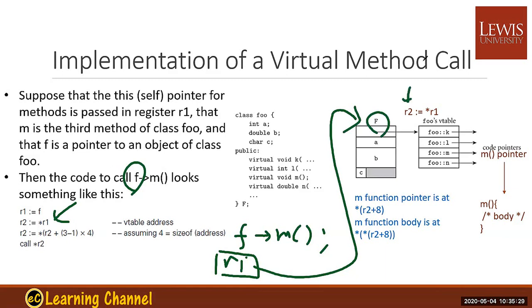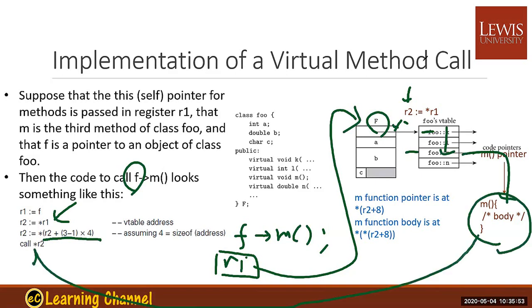So R2 is now this location, the first point, which is also the pointer to the v-table. Then offset by 3 minus 1, that offset times 4, jumps to here, and the body pointed to here is the body that will be called, which finishes the code here. Is that okay? Yes. That's how it works.